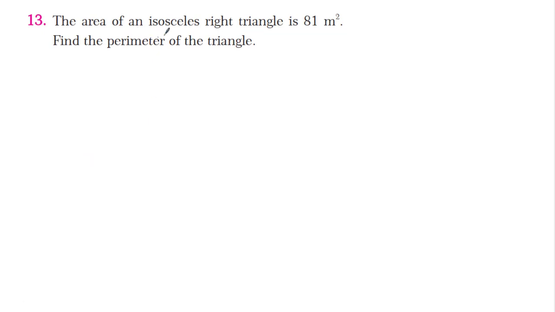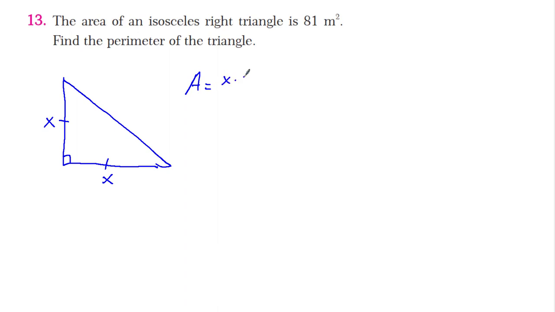The area of an isosceles right triangle is 81 meters squared. Find the perimeter of the triangle. All right, if it's an isosceles right angle triangle, that means these two sides are equal. Let's say this side is x and this side is x. So the area of an isosceles right angle triangle is x times x over 2, that means x squared over 2.